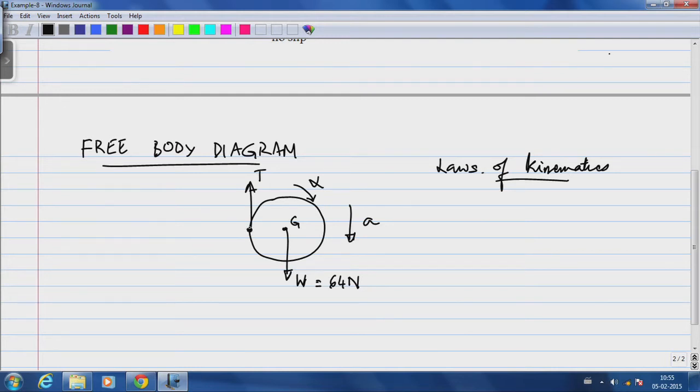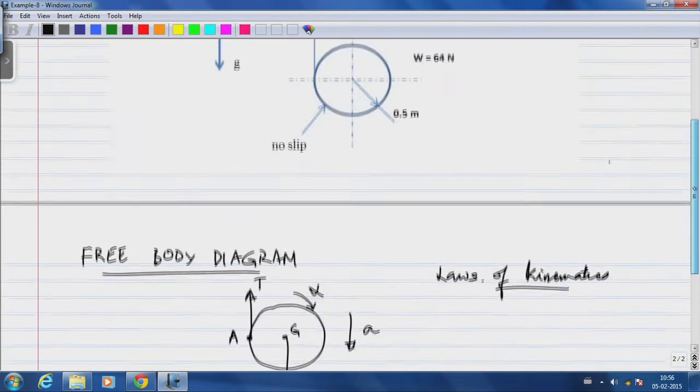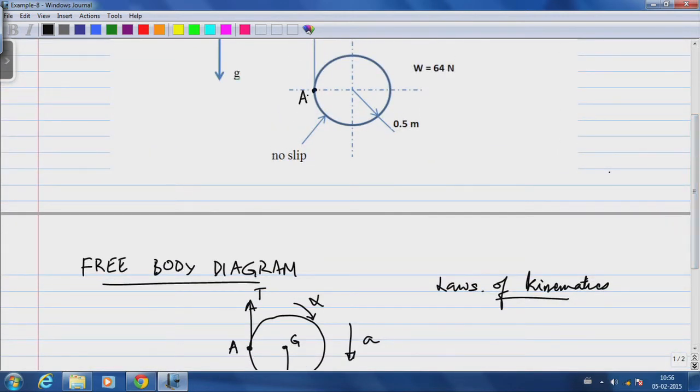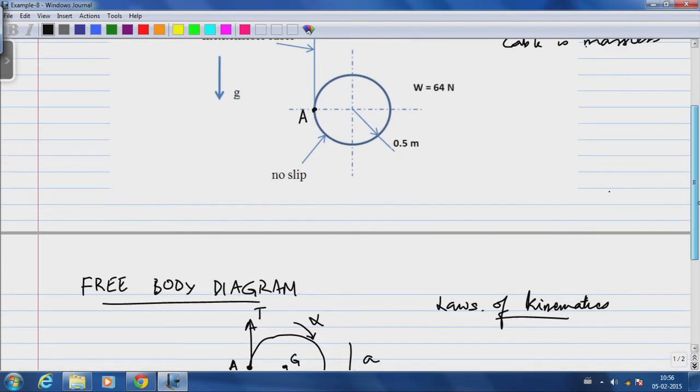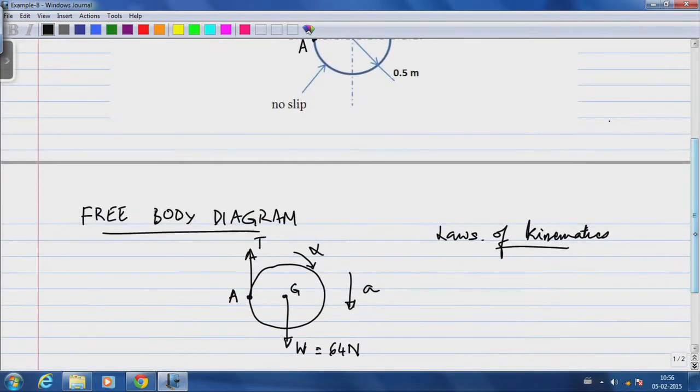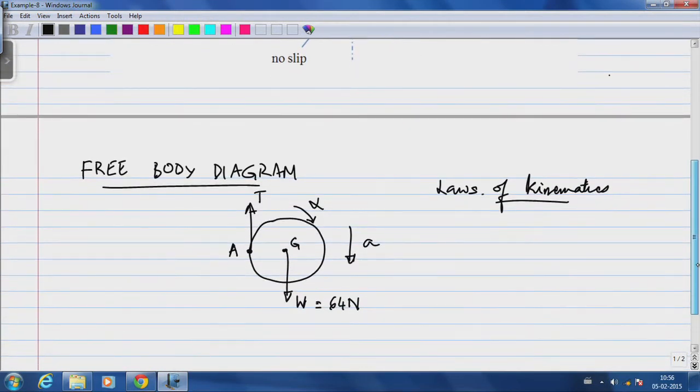If you think of it, at this point A, where the cable comes in contact with the cylinder, if the cylinder unwound an angular distance theta, the point G would come down a distance r times theta in a linear sense. So, this problem is akin to a cylinder rolling down an inclined plane under no slip conditions. So, what we end up finding is that A equals r times alpha.